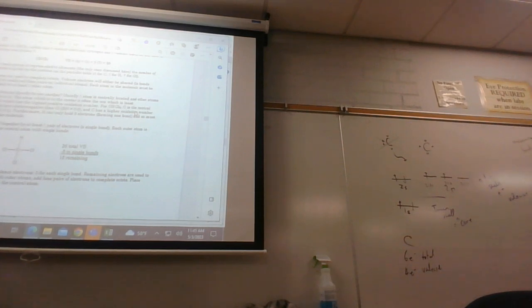Now, let's take a look at hydrogen's energy level diagram. Carbon has how many protons? 6 protons. If you're a 1s electron, you're going to see +6. You're going to see the full charge.